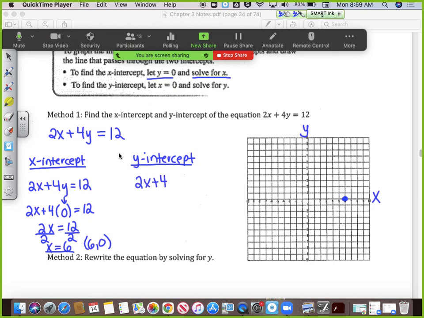We take the equation 2x plus 4y equals 12, and then we find the y-intercept by letting x equal 0 and solving for y. So opposite of what we did the first time, now we're going to make x be 0.